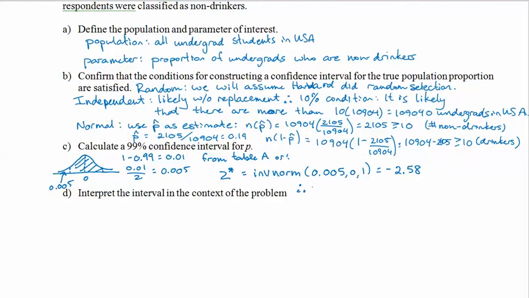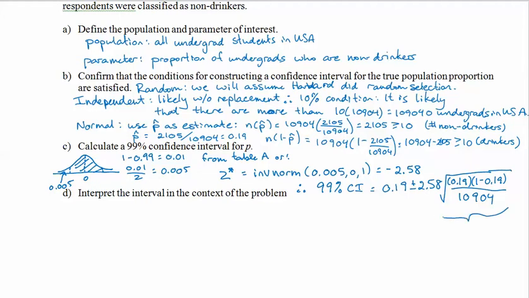So therefore, the 99% confidence interval equals 0.19 plus or minus 2.58 times the square root of 0.19 times 1 minus 0.19 divided by 10,904.